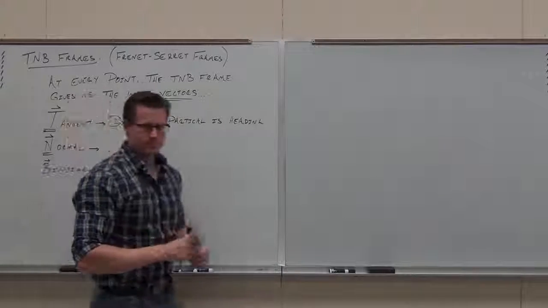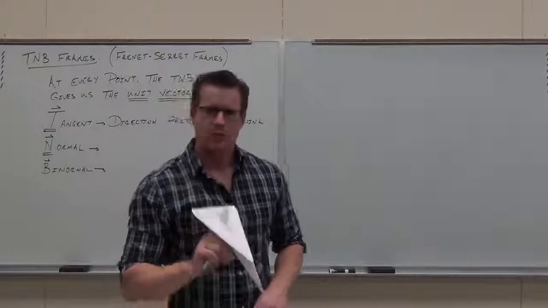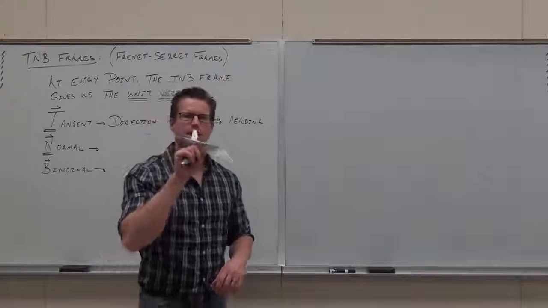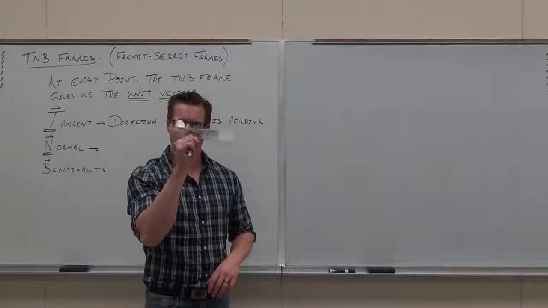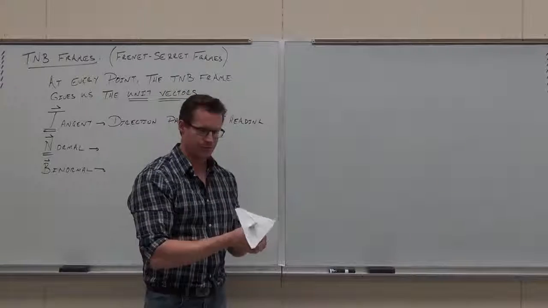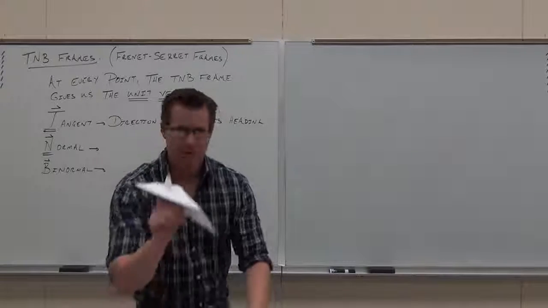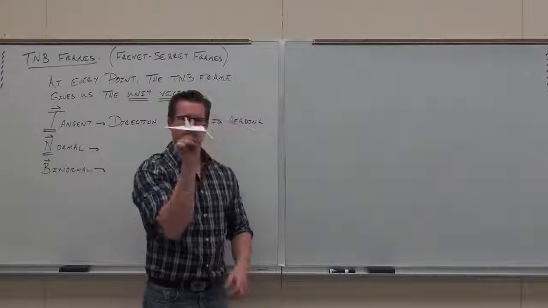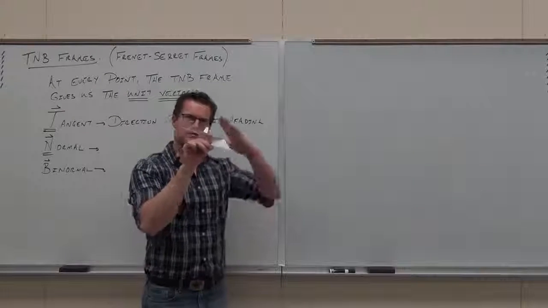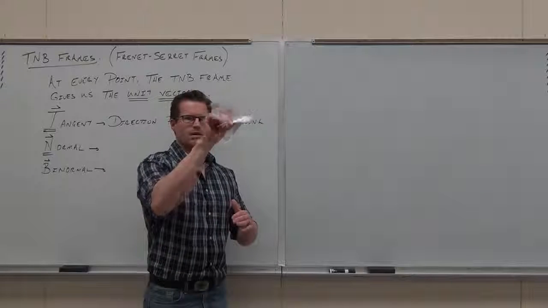The normal. The normal is how the plane is turning. Turning doesn't mean this. How airplanes turn, if you've ever seen them actually fly, what they do in order to turn is they bank like that. Have you ever seen that? They bevel over, and then they turn this way.